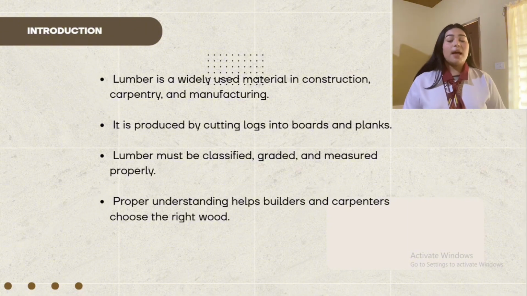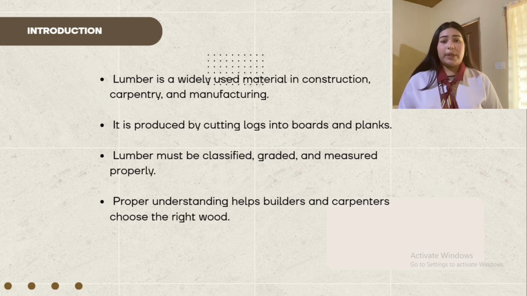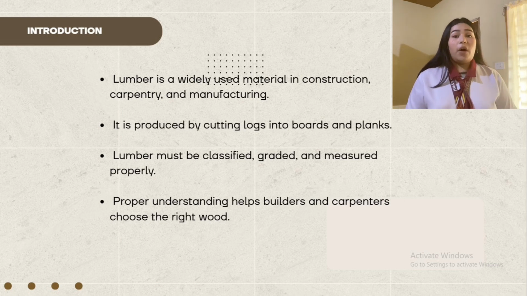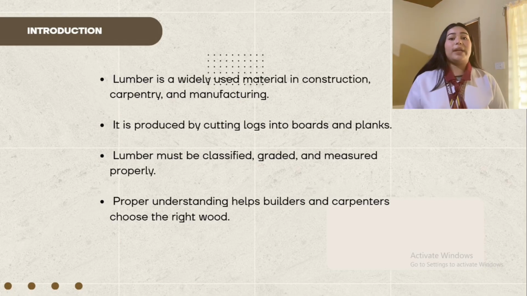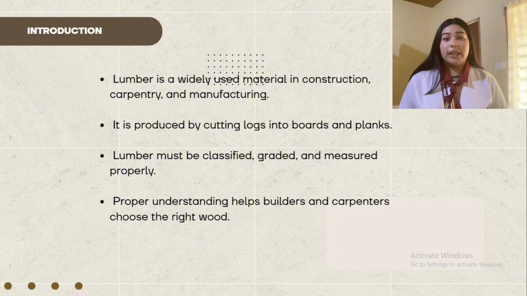Next, lumber must be classified, graded, and measured properly, because not all lumber is the same. It needs to be organized based on its type, quality, and size. In this way, it helps ensure that the right kind of wood is used for the right job.